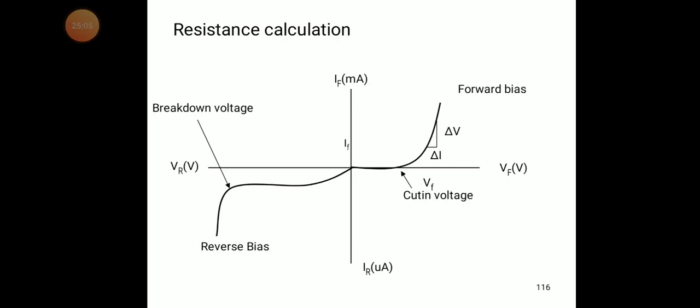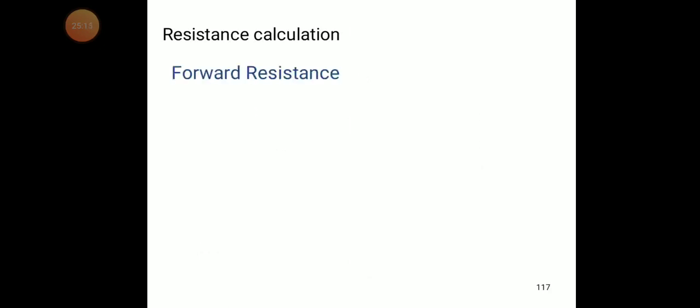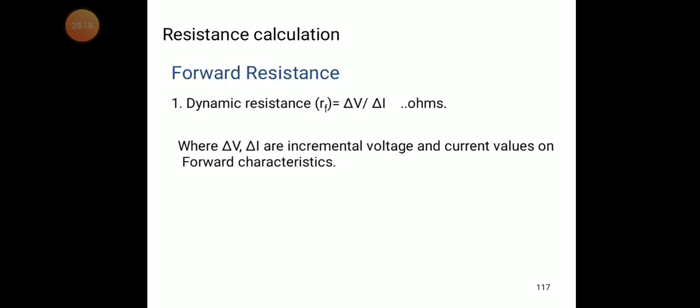You can see delta V and delta I, the change in voltage by the change in current. The forward bias dynamic resistance is delta V by delta I, where delta V and delta I are incremental voltage and current on the forward bias characteristics. That is called the dynamic resistance.